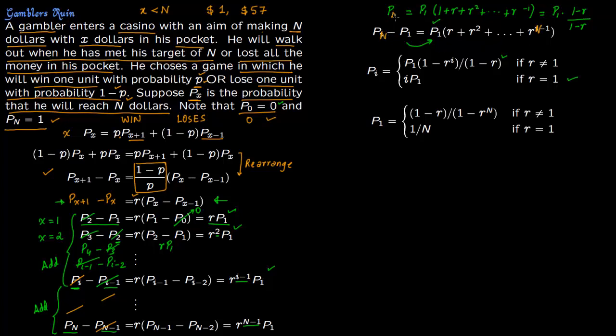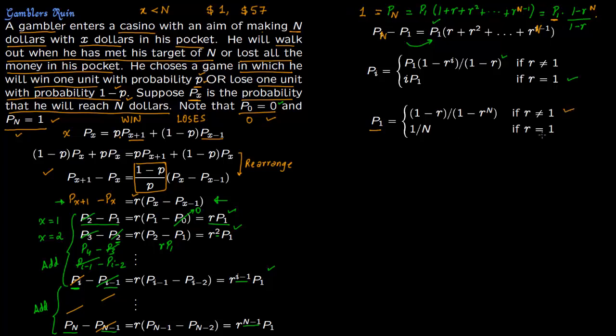You rearrange it, and P_n is equal to P1 times all the way to n minus 1, which becomes P1 times r to the power of n. Now P_n you have set as 1. Notice right here this is 1. So if you set this as 1, you can solve for P1. So P1 becomes (1 minus r) divided by (1 minus r to the power of n). You are just taking this on this side.